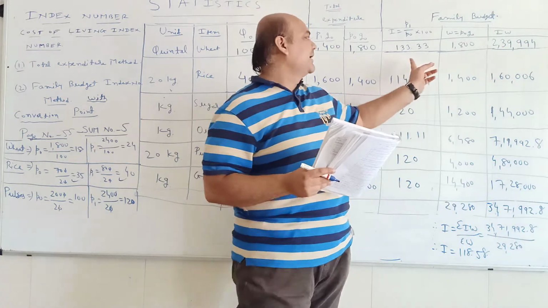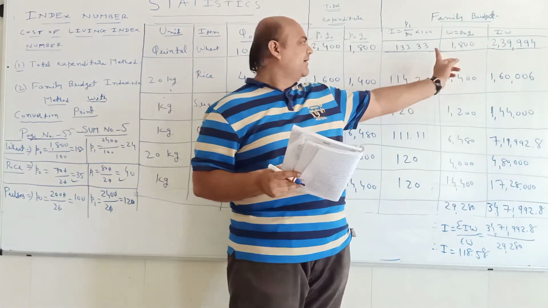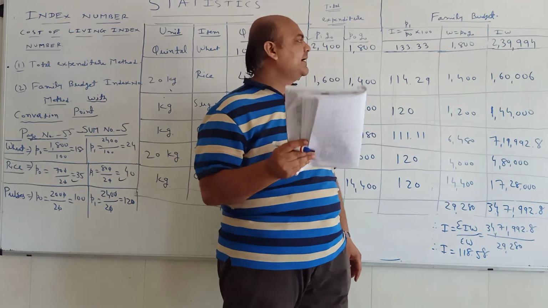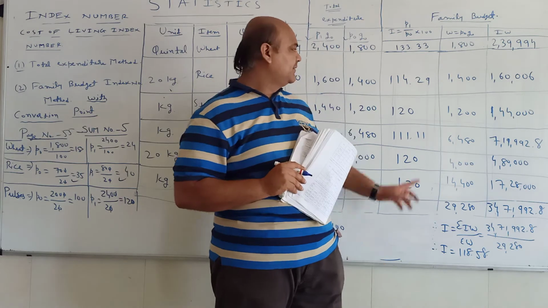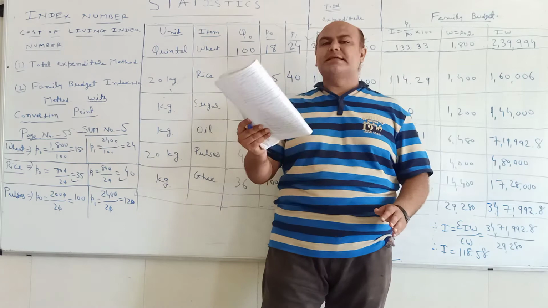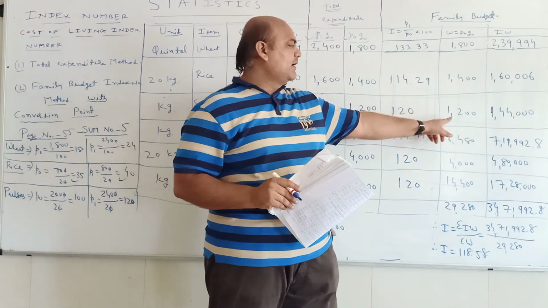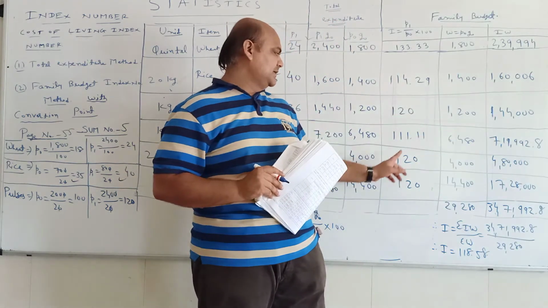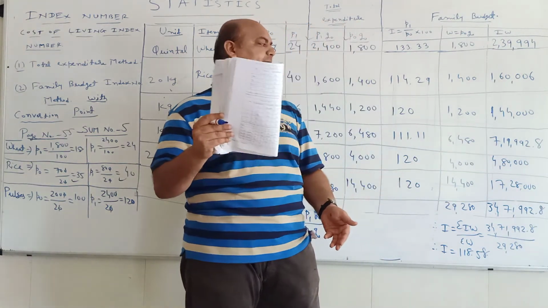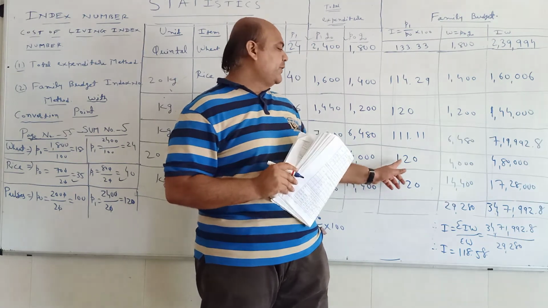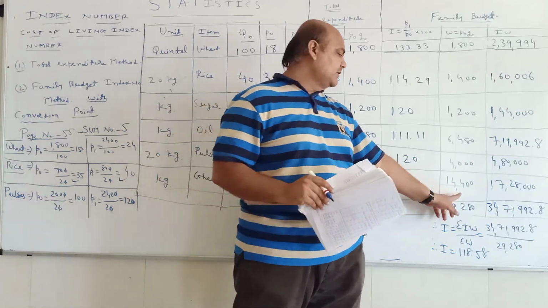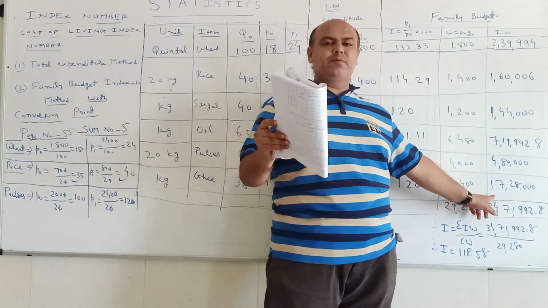Our last column is the column of IW. IW means multiplication of I with W. 133.33 into 1800, the answer comes 2,39,994. 114.29 into 1400, the answer is 1,60,006. 120 into 1200, the answer is 1,44,000. 111.11 into 6480, the answer is 7,19,992.8. 120 into 4000, the answer is 4,80,000. 120 into 14,400, the answer is 17,28,000.